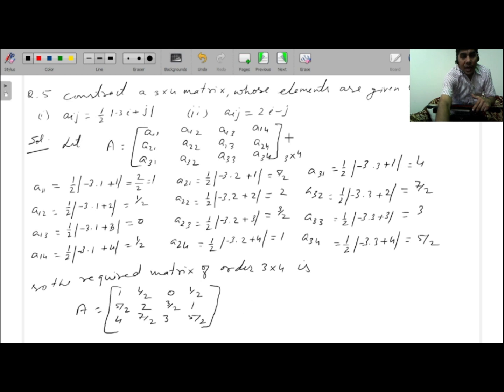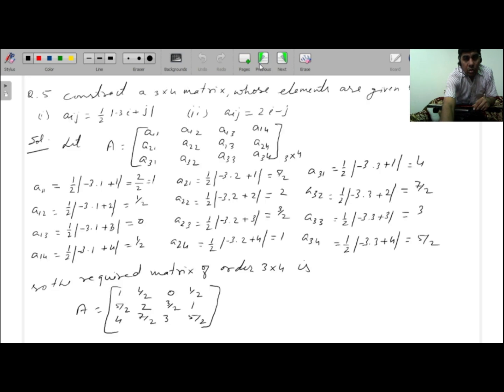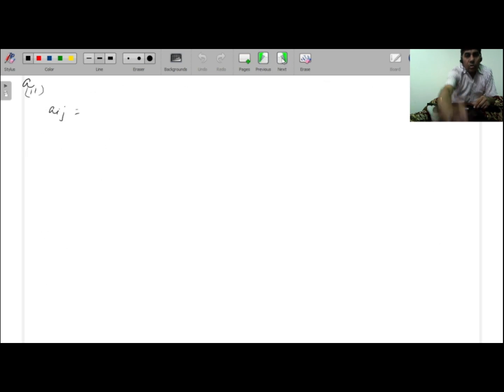Now the second part, Aij is equal to 2i minus j.